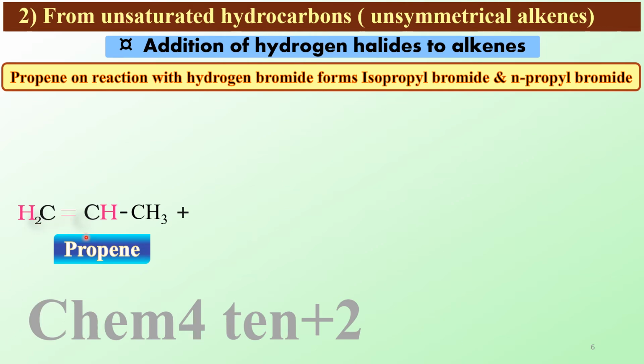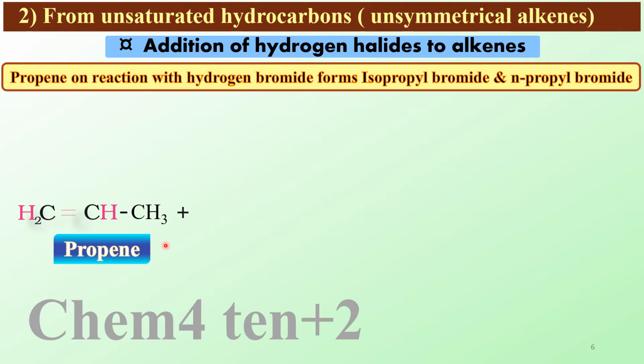If you see here in propene, on the left hand side of the double bond, only one carbon atom is present, whereas on the right hand side you will find there are two carbon atoms. So such an alkene is said to be an unsymmetrical alkene.